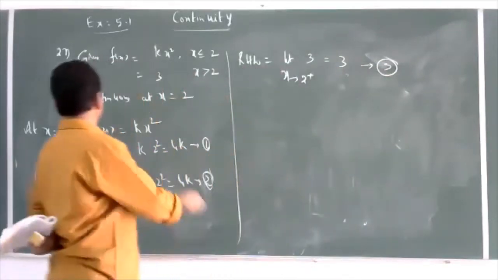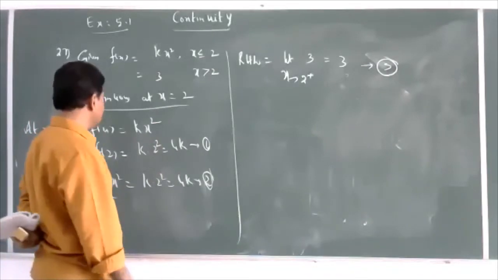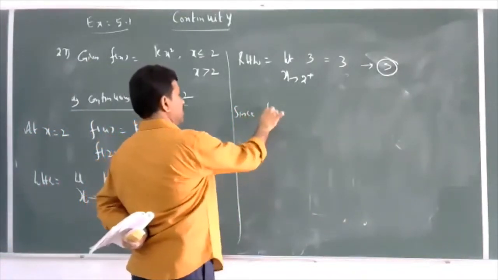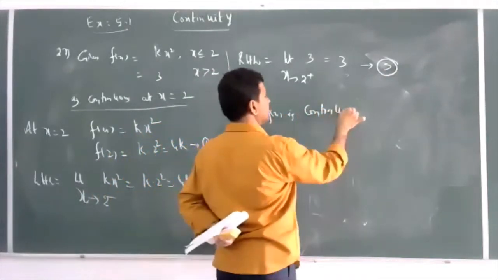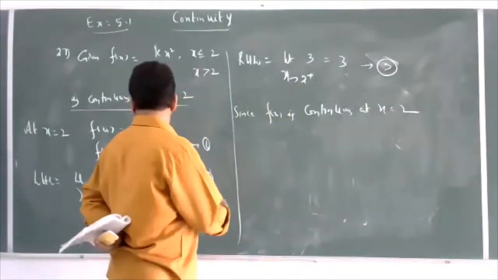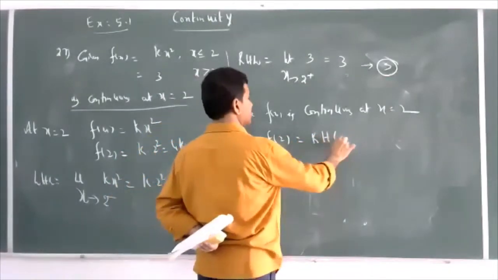Already it is given that it is continuous at x is equal to 2. So equating right limit and function value, since f of x is continuous at x is equal to 2, f of 2 is equal to the right limit. You will get the answer.